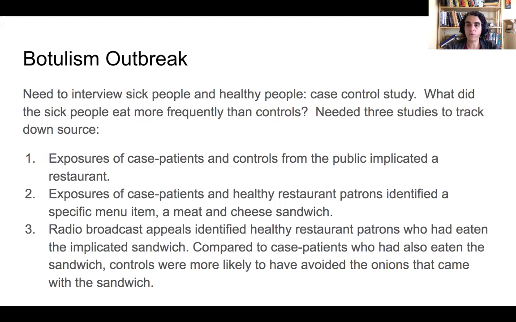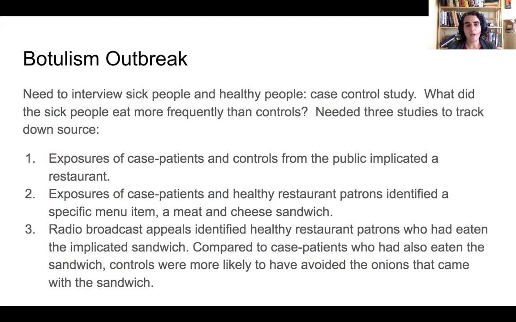And in this case, they really tracked it down to something very specific using 3 separate studies. First of all, they looked at the exposures of the case patients, the sick people, in a community drawn from the population at large, and that allowed them to very quickly narrow it down to a restaurant. A specific restaurant that the case patients ate at far more frequently than the controls in the community.